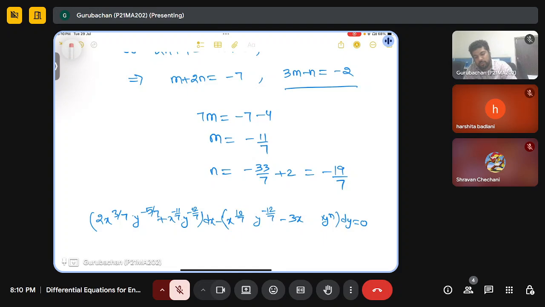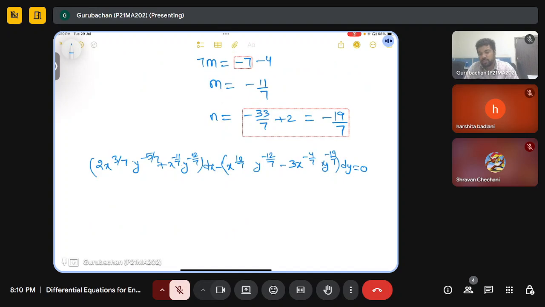This will give you m plus 1, that means minus 4 by 7, and this will give you n minus 19 by 7. So this will be your exact differential equation. I am assuming it is exact since we have found this integrating factor.